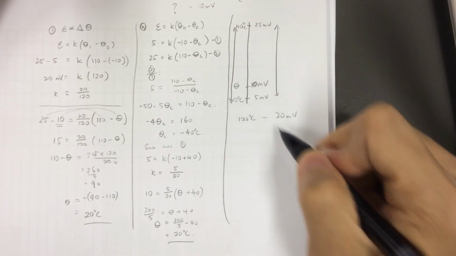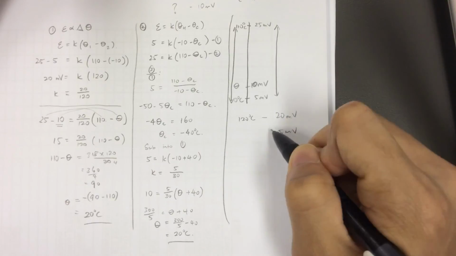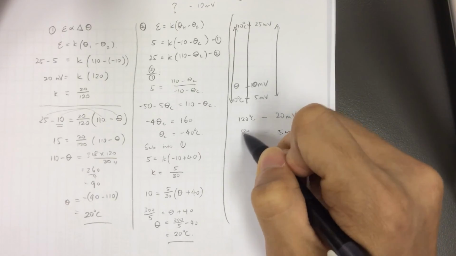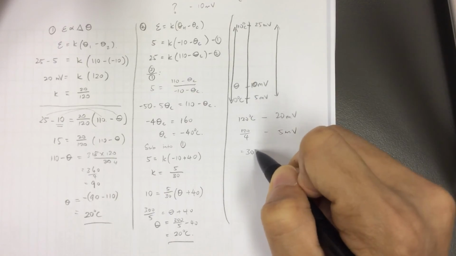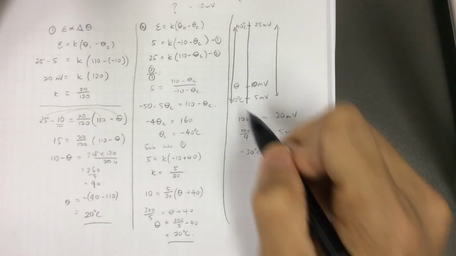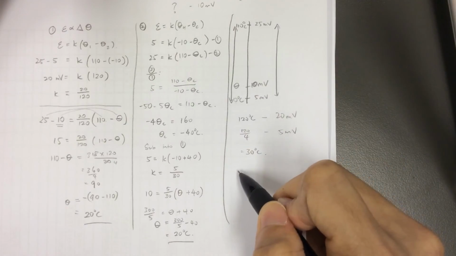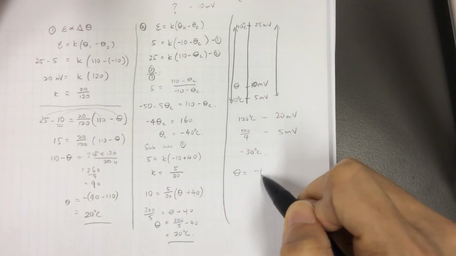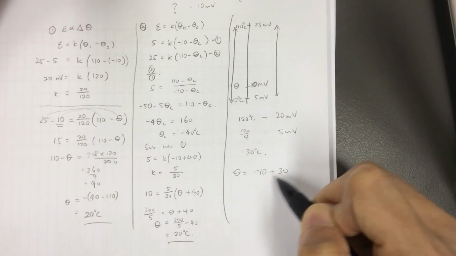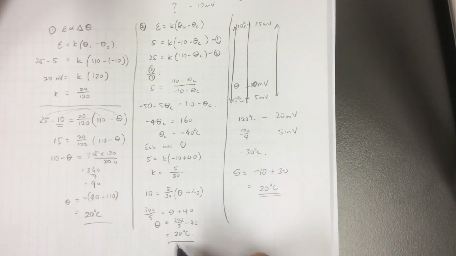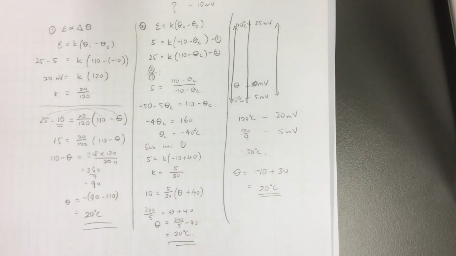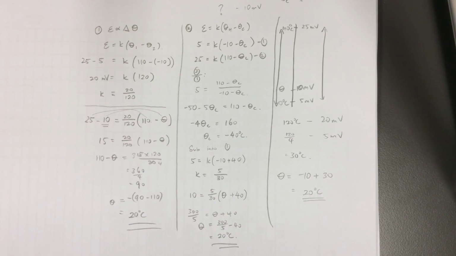So every 5 millivolts gives you 30 degrees. Since this scale started from minus 10, so theta will be given as minus 10 plus 30, which is 20 degrees as well. So whichever method you use, you should be able to obtain the same answer.